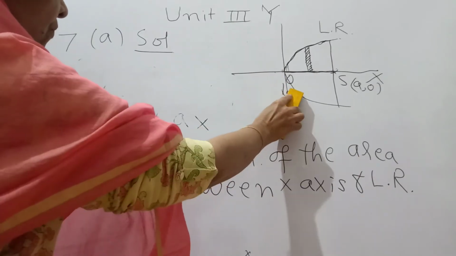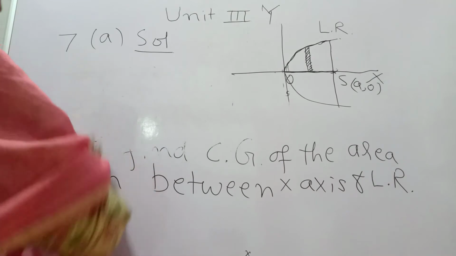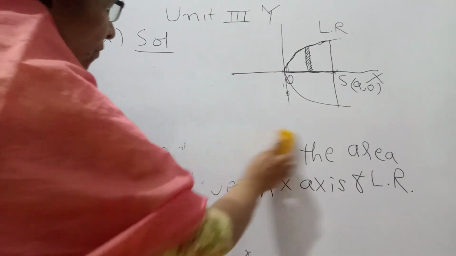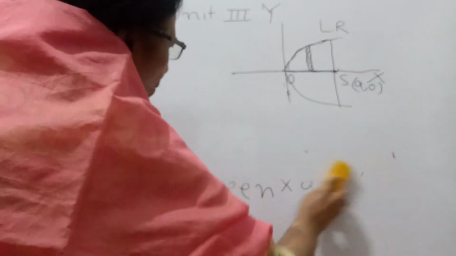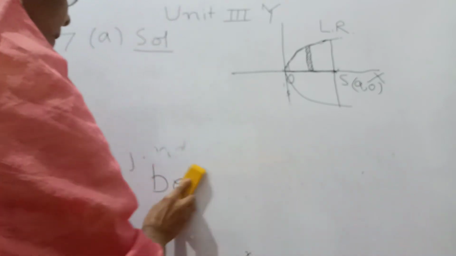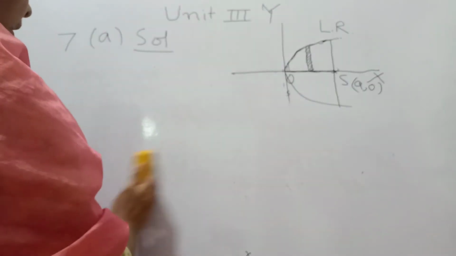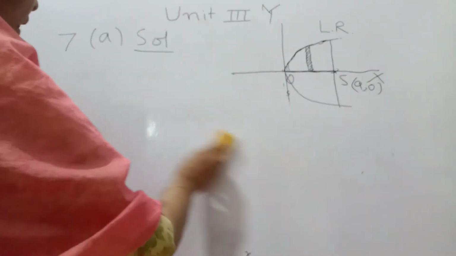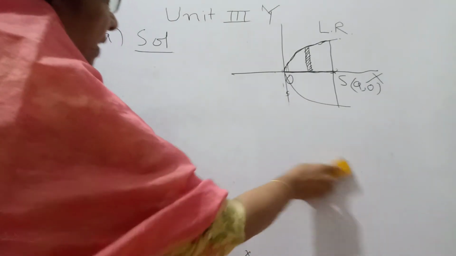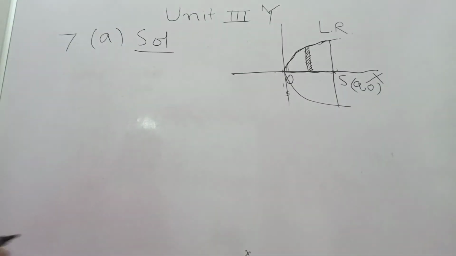So we have to find the center of gravity of this area. Now to do any question of the center of gravity, what we do? We first find out the area of this strip and then its center of gravity, and then the center of gravity of the whole area. That is the procedure we apply in solving the questions of center of gravity.